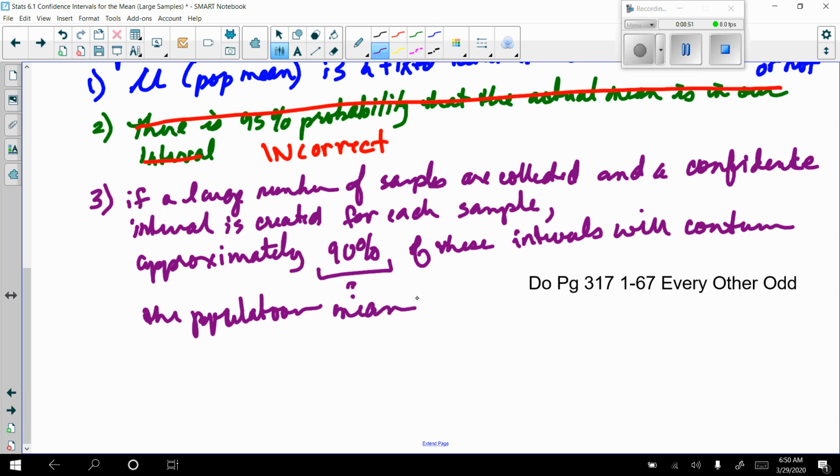That's what a confidence interval does. That's the correct type of statement that you can make.